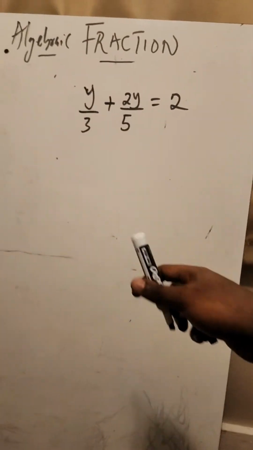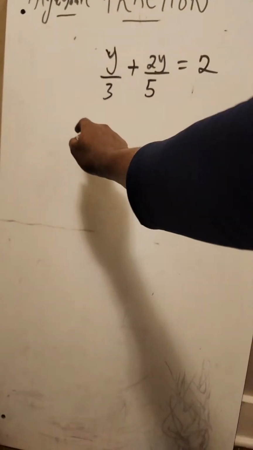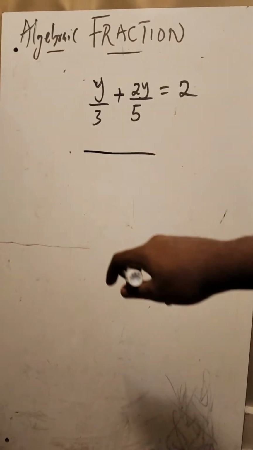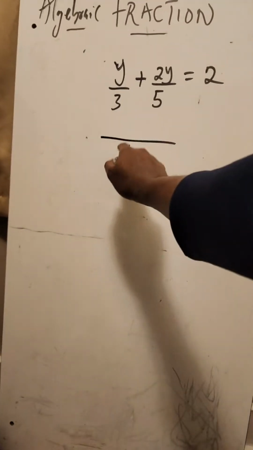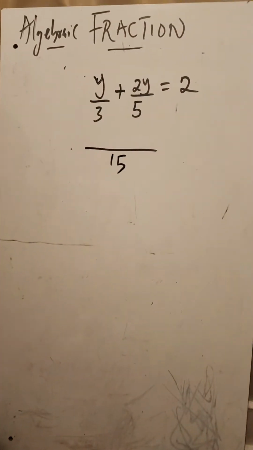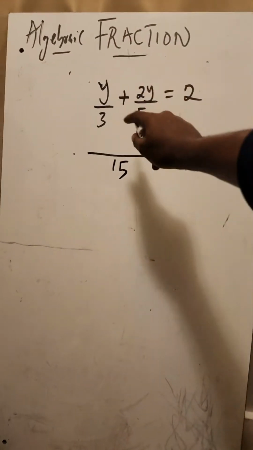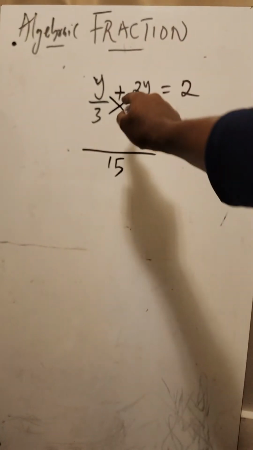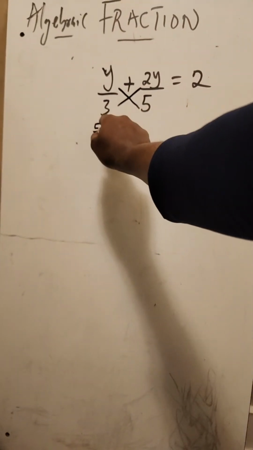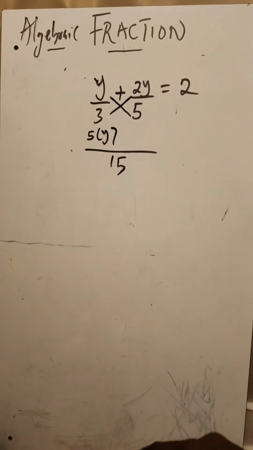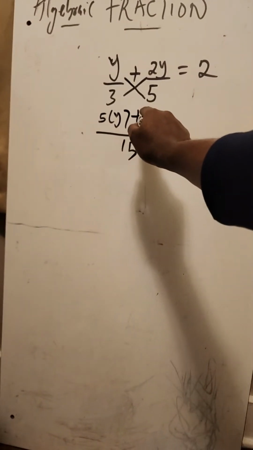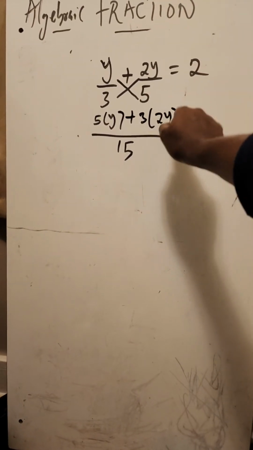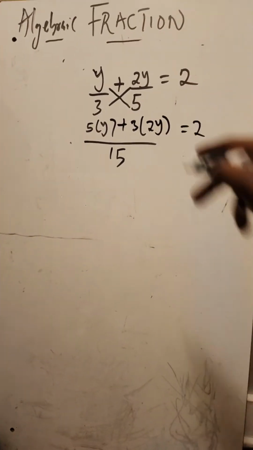Now, to do this, the LCM, you can just multiply these denominators together, and this gives 15. Now, by multiplying these two together, 5 multiplying y plus 3 multiplying 2y equals to 2.